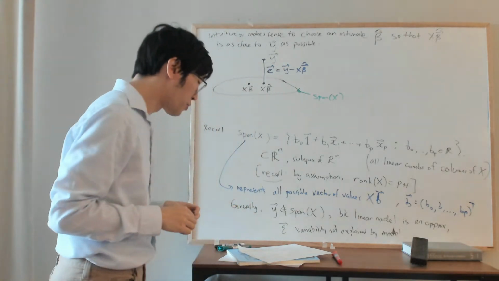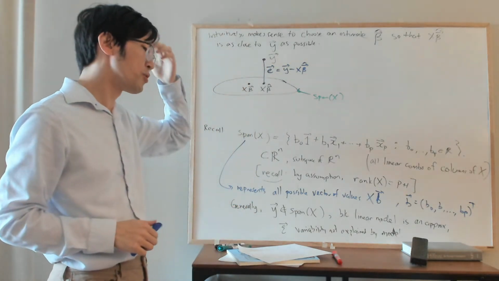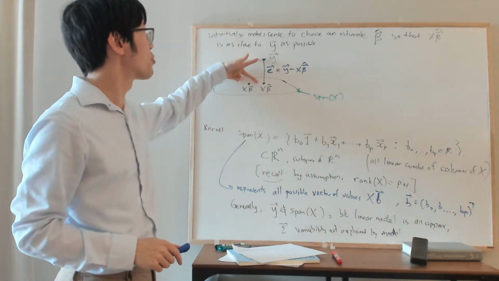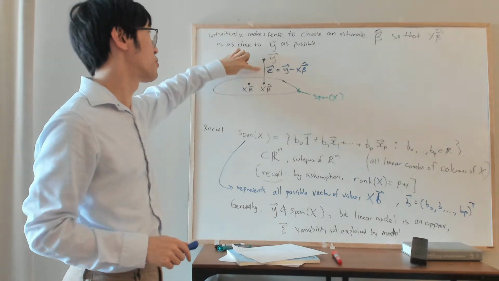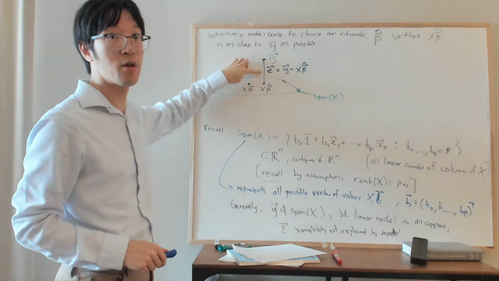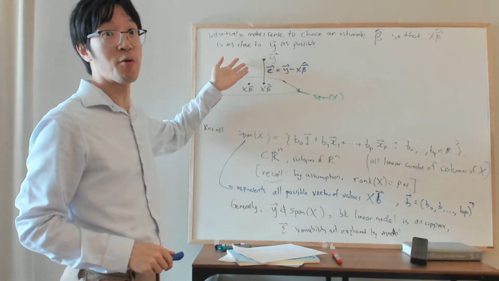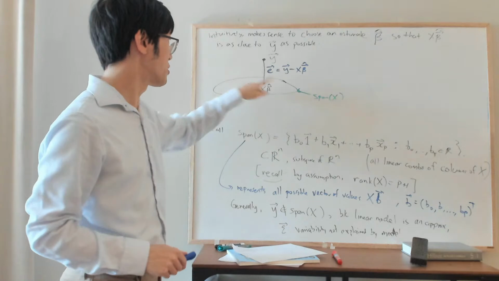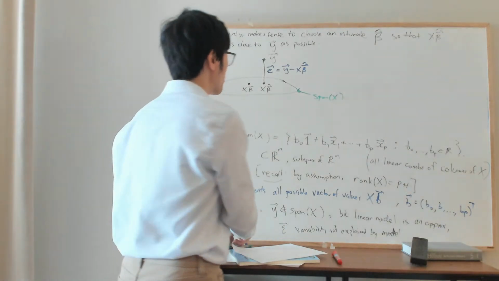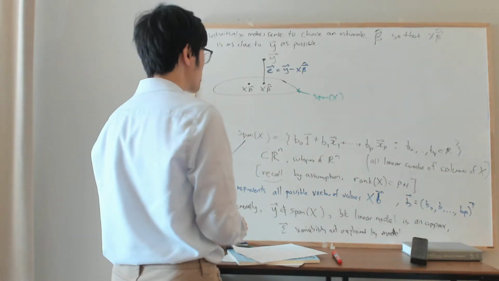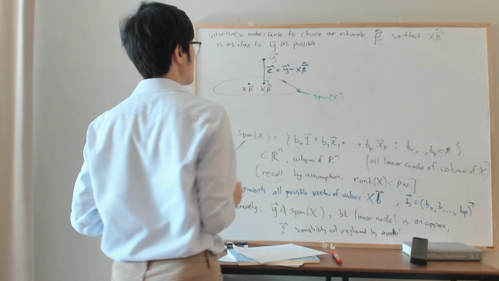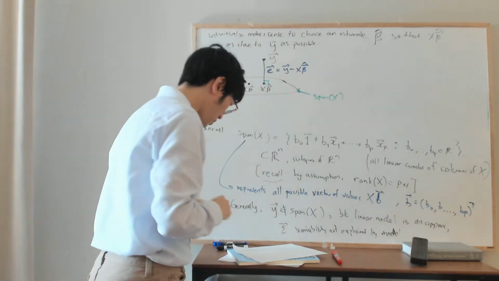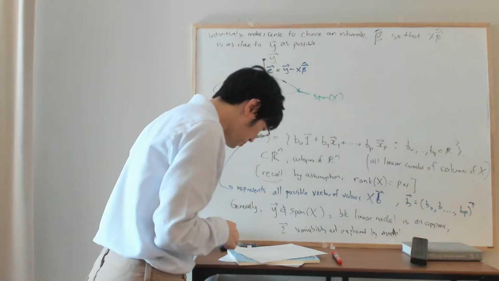So what does it mean in linear algebra to be closest? What's going to be the property of this difference vector E? It has to be orthogonal to this subspace. So the closest is the orthogonal vector to the subspace.